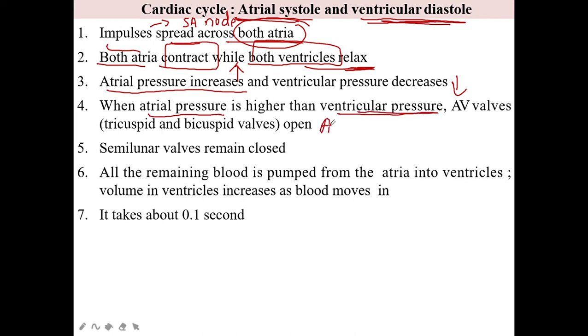So when atrial pressure is higher than ventricular pressure, AV valve akan open. And vice versa. Kalau ventricular pressure lebih besar daripada atrial pressure, AV valve akan close. So remember that one. Atrial pressure higher than ventricular pressure, AV valve will open.